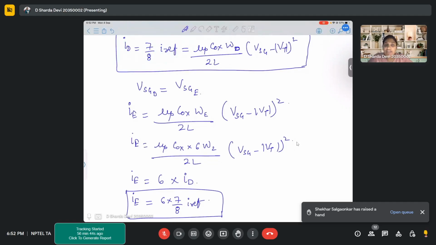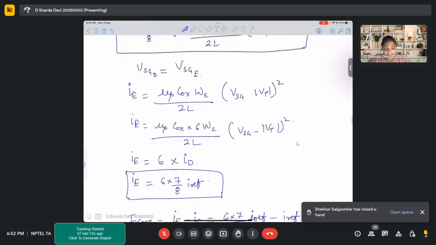So what will actually affect your current is the width and the gate source voltage. Lengths are also considered to be equal. So we are only considering the gate source voltage and the width. And in this case, particularly, width is quite critical with respect to each other. Yes. Okay. Thank you, ma'am.